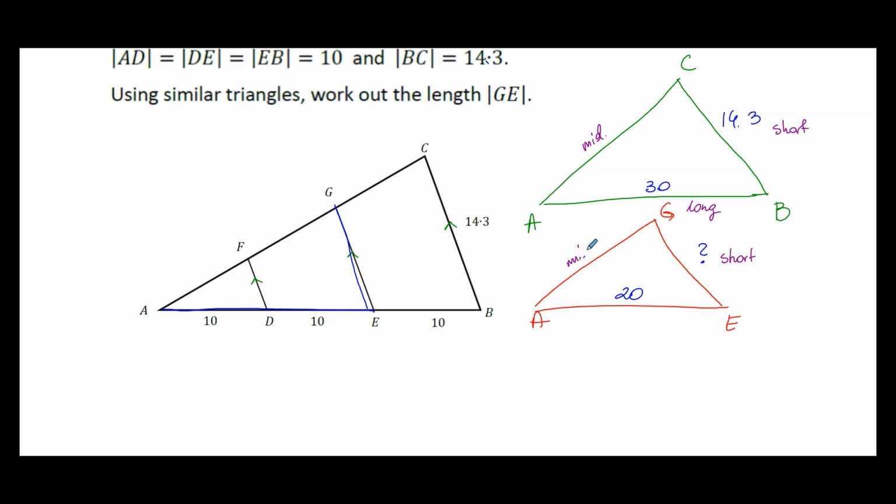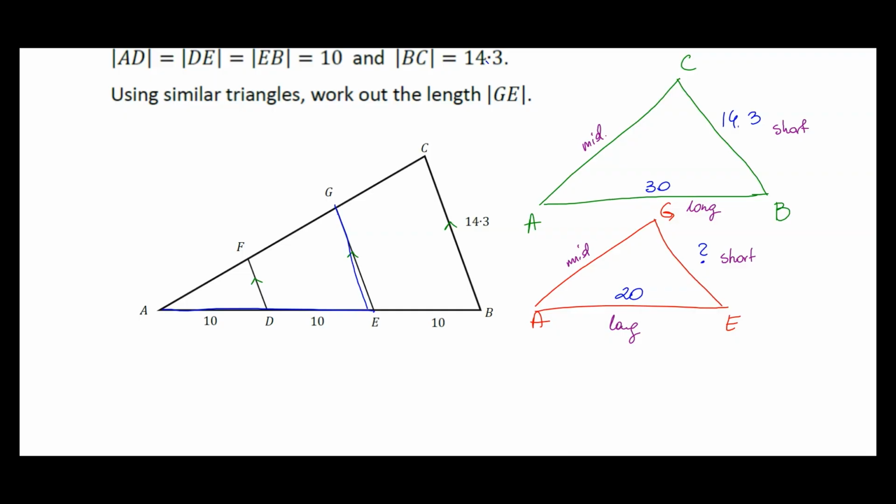The same here: that will be middle and that will be long. It doesn't matter how accurate it is. The point is that I need to identify corresponding sides, so this is the short side, that's the long one, that's the middle side. They correspond to each other.